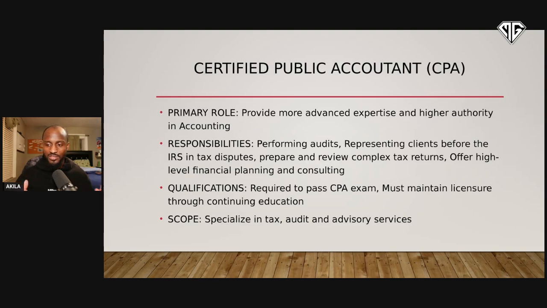So essentially, those are the differences between a bookkeeper, an accountant, and a CPA. Even though the accountant and the CPA are roughly the same thing, one might just be a higher tier depending on which route you choose to go.